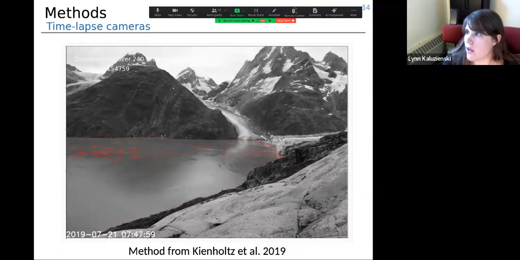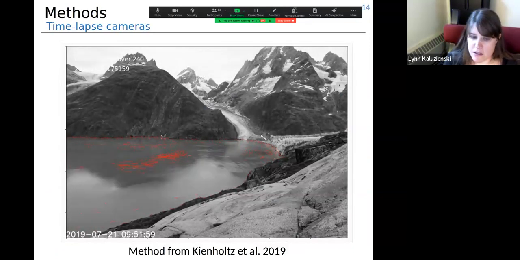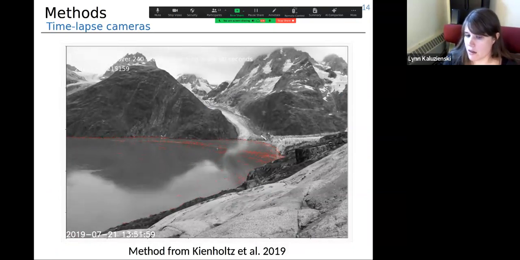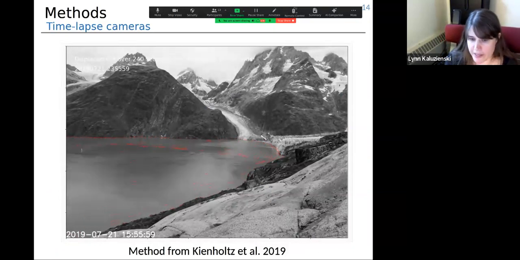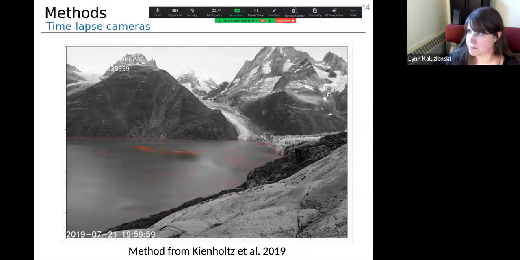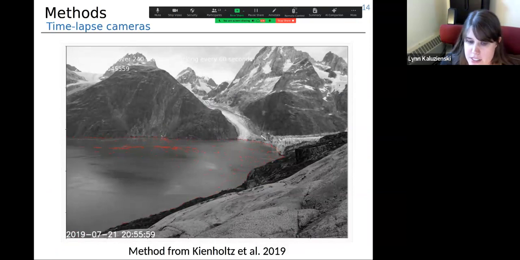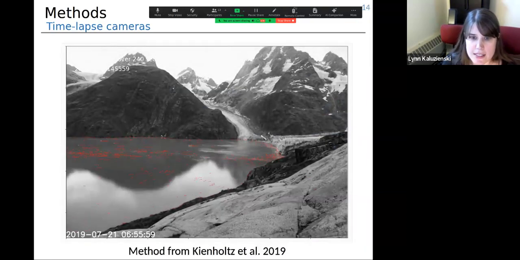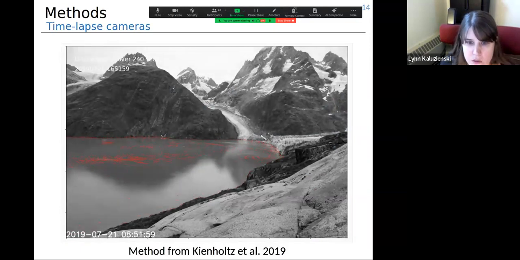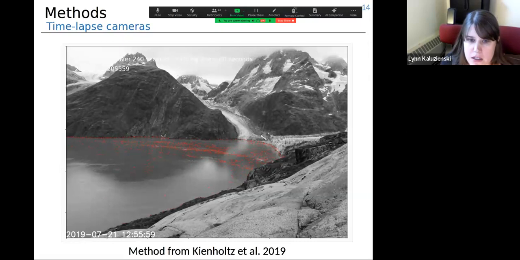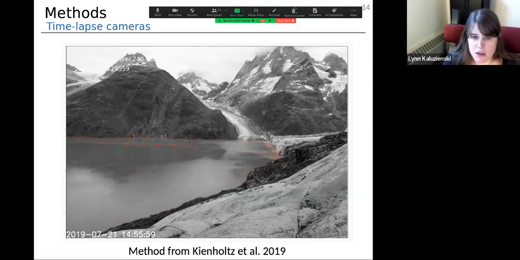So here's an example of the iceberg tracking method. This is using a method laid out quite well by Christian Kienholz in a paper he produced in 2019. This is an example at Johns Hopkins. This feature tracking relies mostly on OpenCV.